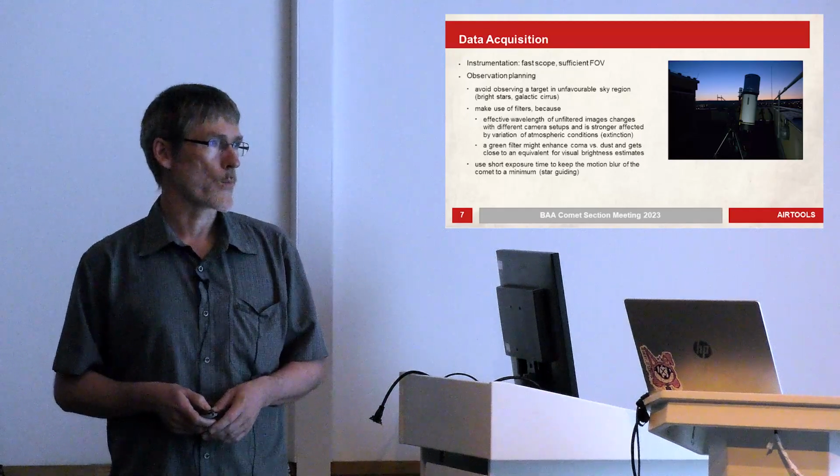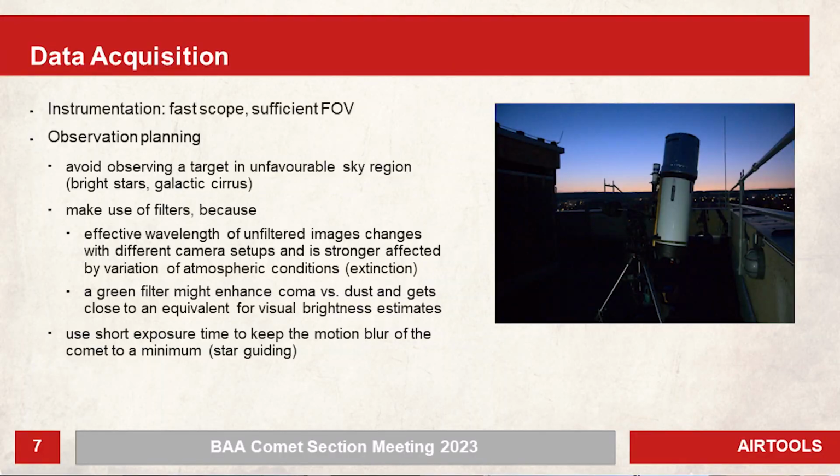When I observe with the monochrome sensors remotely, I always use a green filter for those observations, because this might enhance somehow the gas from the coma, and also you get a much better visual equivalent brightness.